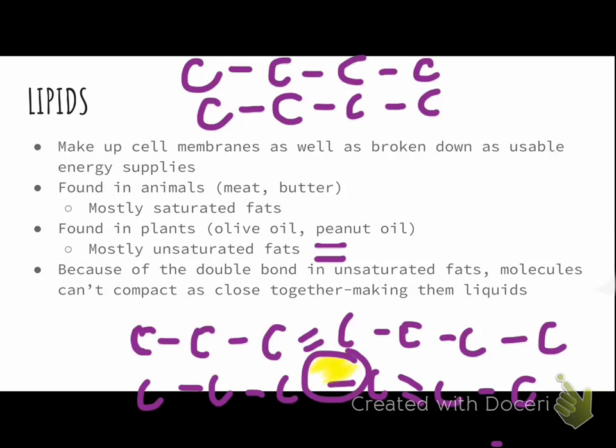Because of this space, your unsaturated fats are the ones that are mostly in a liquid form, as you can kind of see when you're looking right here. Your plants are your liquids, your animals are more things like solid fats that you would find in meats and butters.